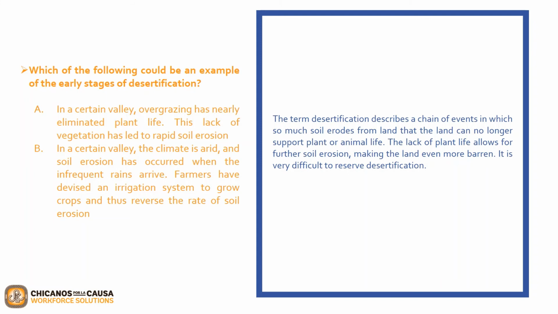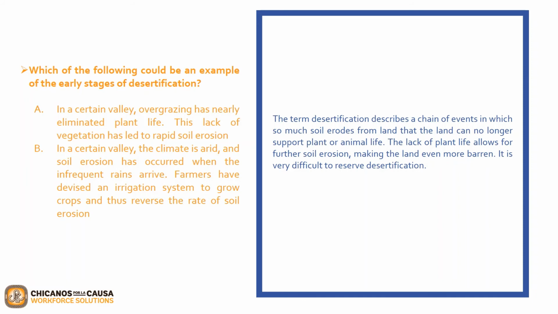It states, the term desertification describes a chain of events in which so much soil erodes from land that the land can no longer support plant or animal life. The lack of plant life allows for further soil erosion, making the land even more barren. It is very difficult to reverse desertification.